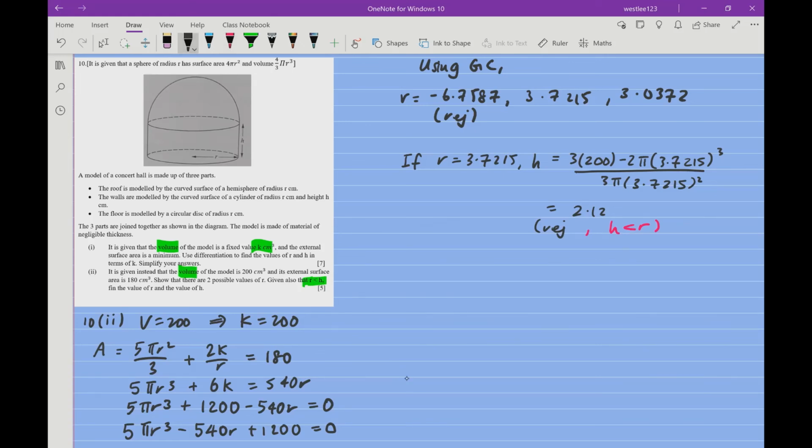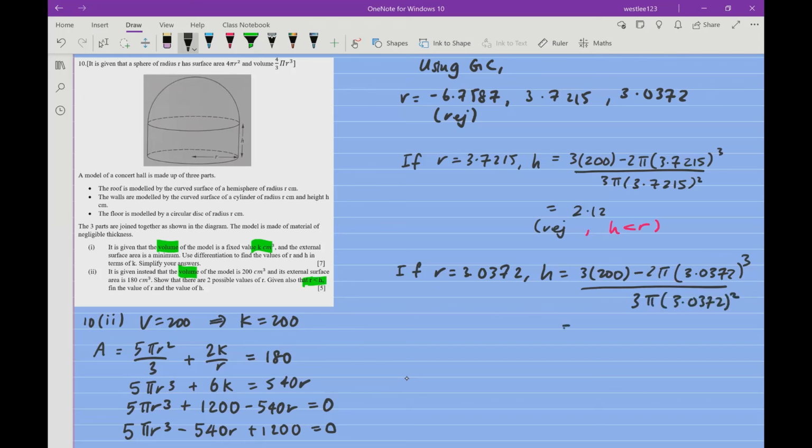For the third r value, 3.0378, let's check this. Minus 2 pi r cubed over 3 pi r squared.